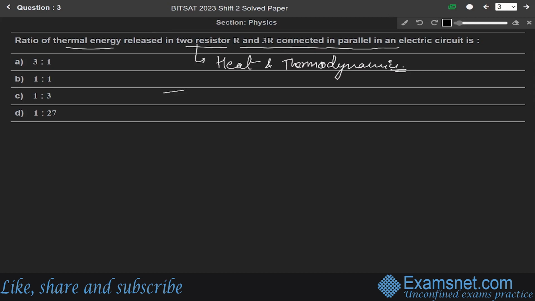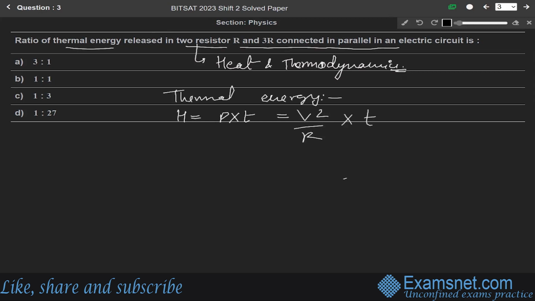So first of all, the thermal energy formula is given as H is equal to P into T, power into time, and power we know is equal to V square over R, into T.